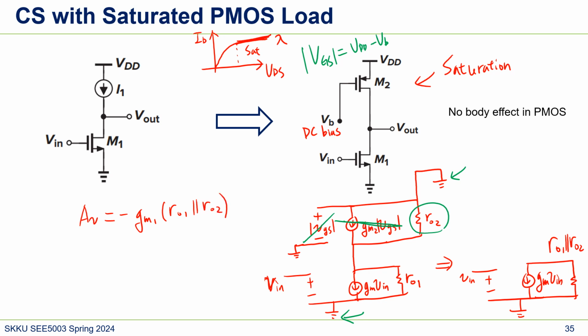This is our answer. The other thing we can look into is this Vbias. How do we set this voltage? We're going to use a current mirror. So this is supplied by a current mirror. We'll learn it in a later lecture.